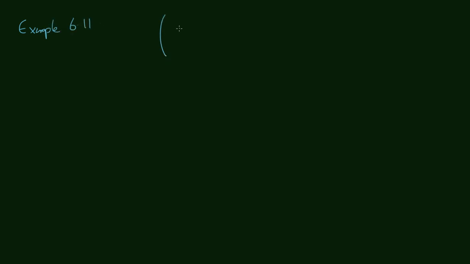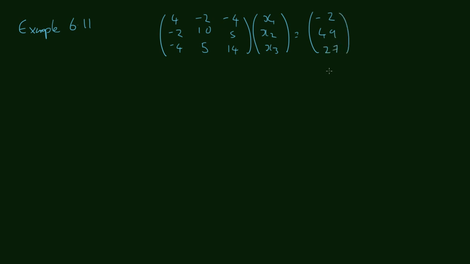What we wanted to do in 6.11, we have the same matrix as I just used in the previous example, our unknown vector x, and our right hand side constant vector, which in this case is -2, 49 and 27. We saw just now that the Cholesky decomposition gave us L equal to this matrix.